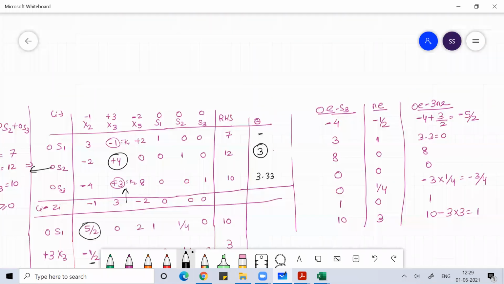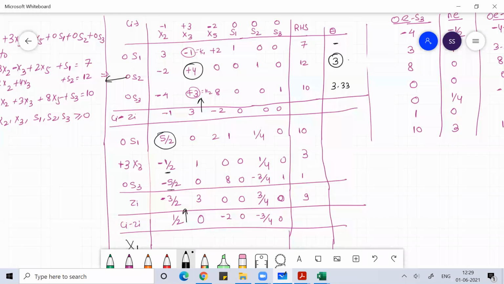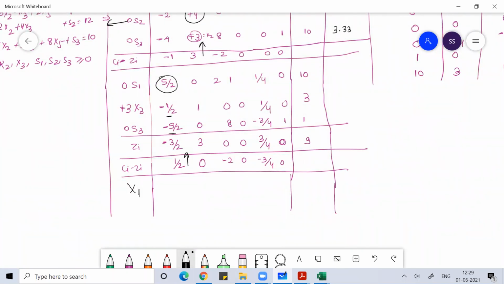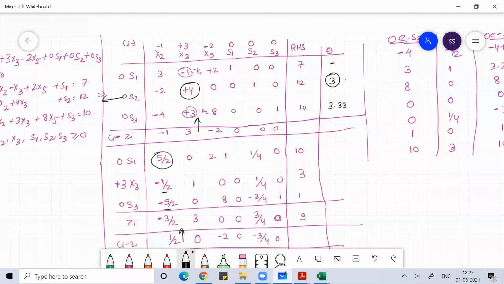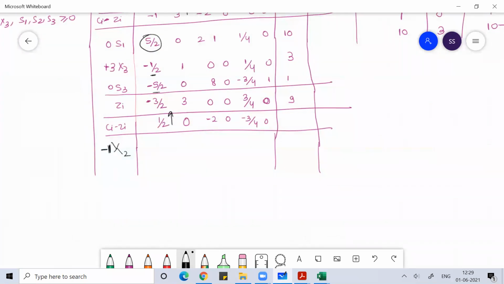Sorry, there's no x1, there's x2. The x2 having a coefficient called minus 1 has replaced S1. So this is plus 3x3 and 0 S3.